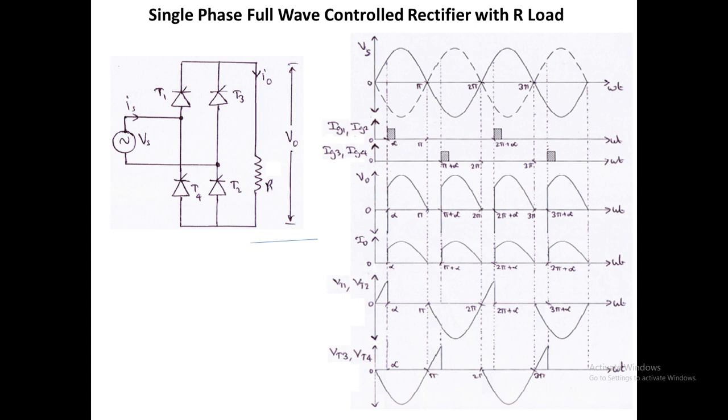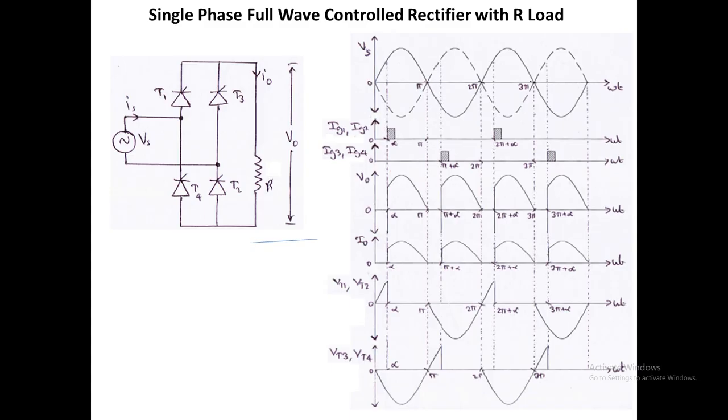So we can draw the voltage across thyristor waveform: first, from 0 to alpha, the thyristor 1 voltage VT1 and thyristor 2 voltage VT2 are the same as your input voltage. It will follow the sinusoidal input voltage waveform, since both devices are in the off condition.